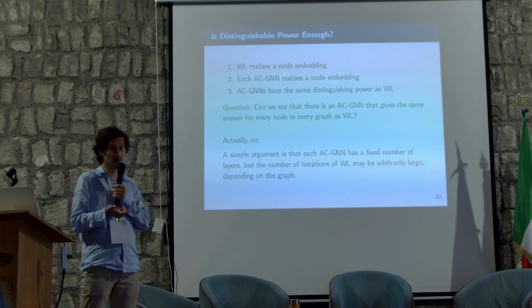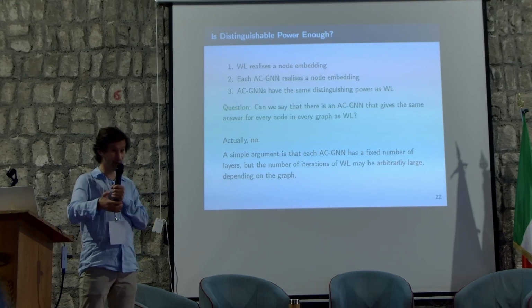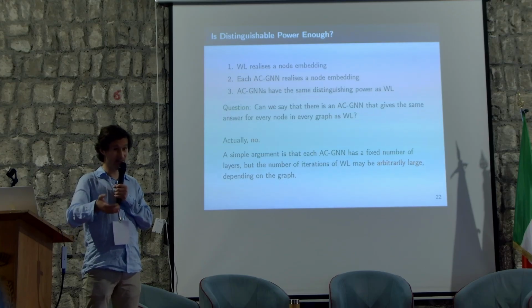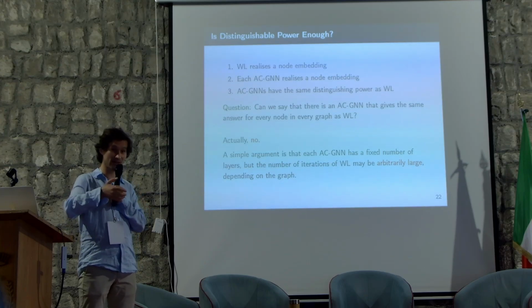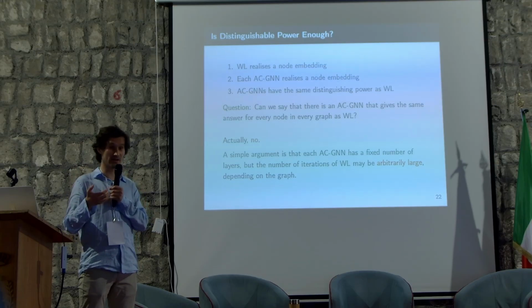But if we want to simulate WL uniformly, for all the graphs, then we are screwed, because the WL test may stop in a number of steps dependent on the size of the graph, while each AC GNN has a fixed number of layers.